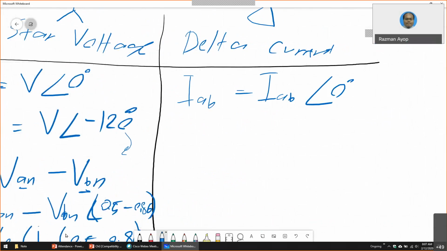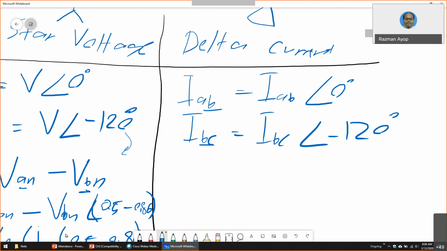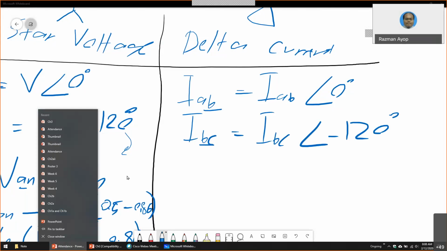Just assign it. Because this is a balanced load, you just assume that IBC is 120 degree apart. So make sure positive sequence AB, BC, CA. I suggest you start with IAB, same as here.